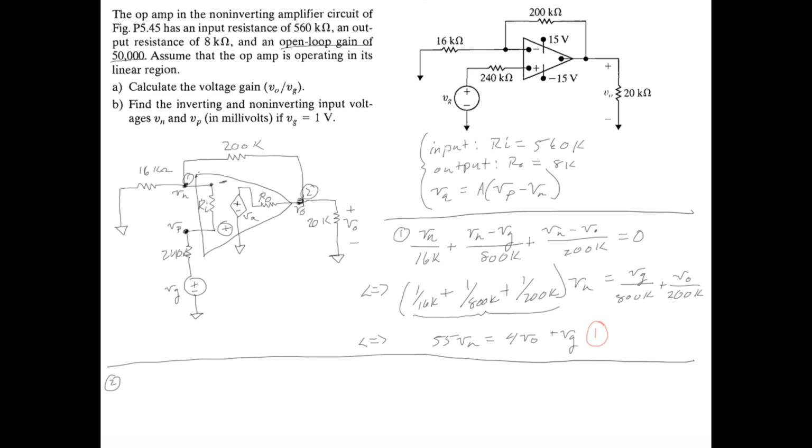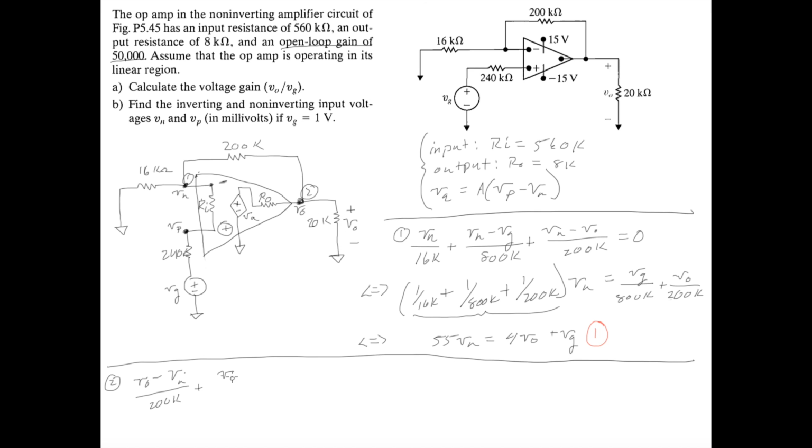So the first current we have is V0 minus Vn. We're just going to assume everything's leaving again. So V0 minus Vn over 200K, plus this next current, we have V0 minus 0 over 20K.